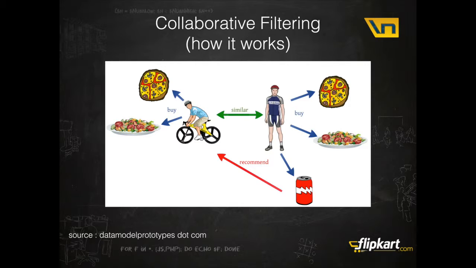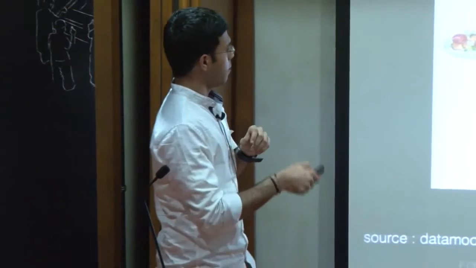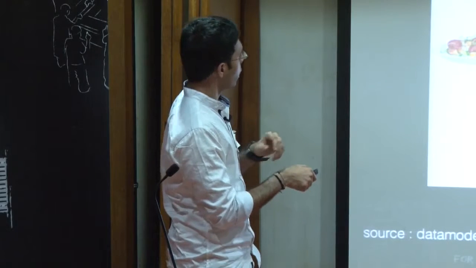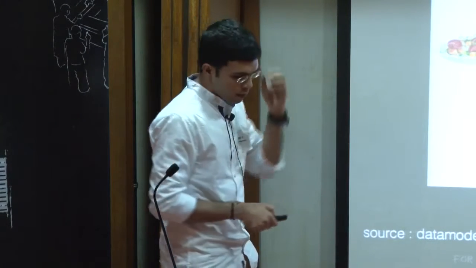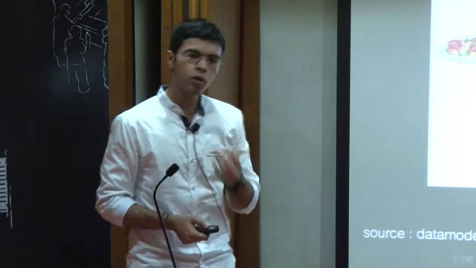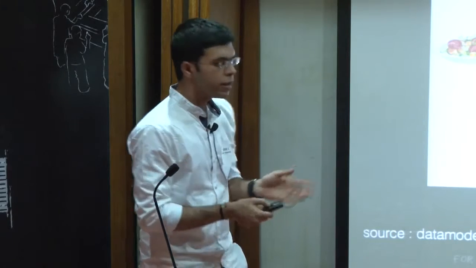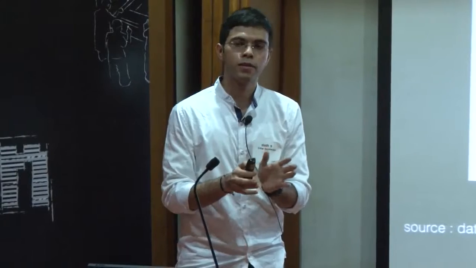So when I said this Coke is now correlated, it means it could probably be related to these 2 items. The beauty of this approach is you don't need to know what a pizza is, you don't need to know what a salad is. All you need to look at in your data is how many times this kind of correlation is occurring.